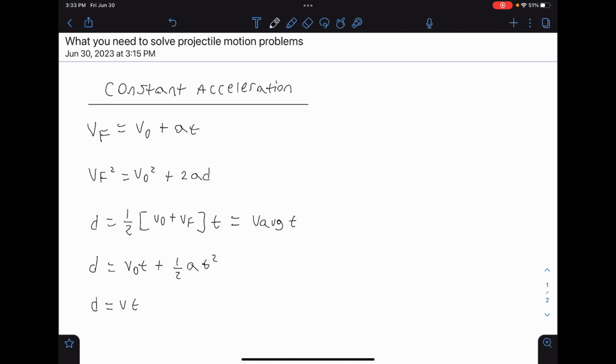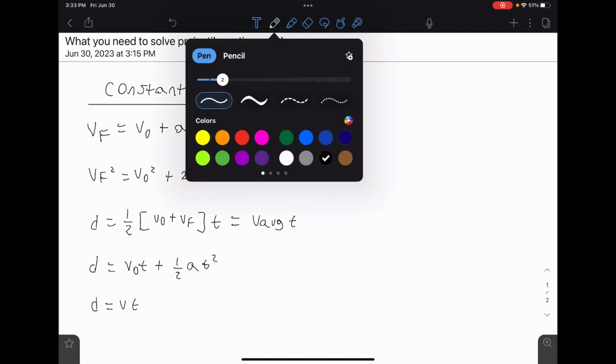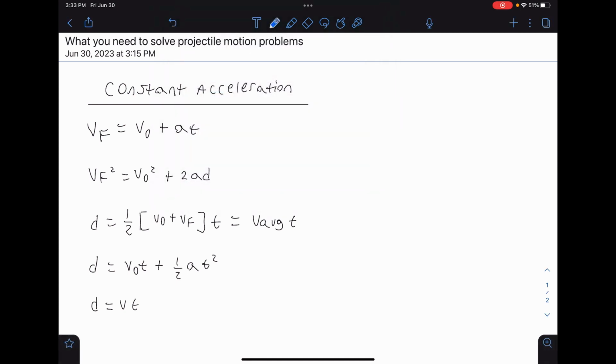So here are the acceleration equations, and as you can see, we have final velocities, initial velocities, acceleration, time, and displacement, distance, whatever, right? So let's go over what's in and what isn't in some of these equations. In equation 1 here, we can see that it doesn't have displacement.